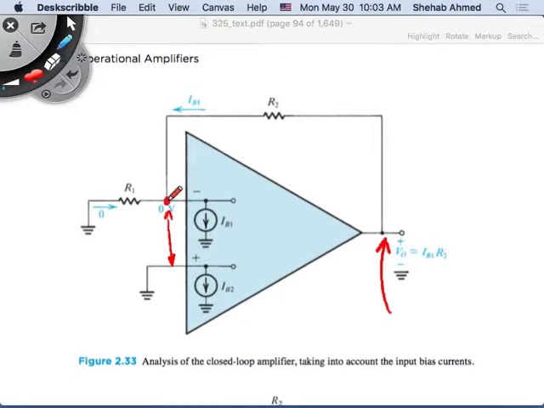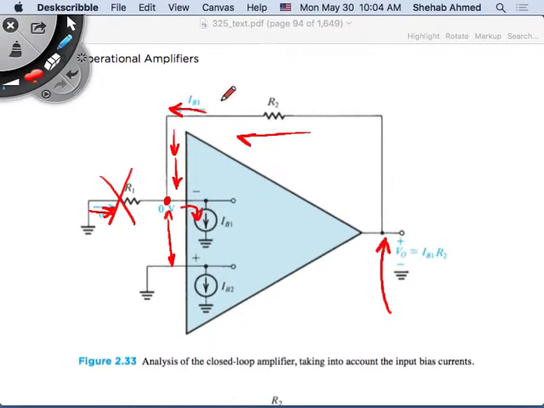If this node is at 0, then there's no current flowing through here, right? If there's no current flowing through here, then where is IB1 going to come from? Through this resistor, right? IB1 will exist, we have to agree. There's no current through here, so IB1 will go through this R2.